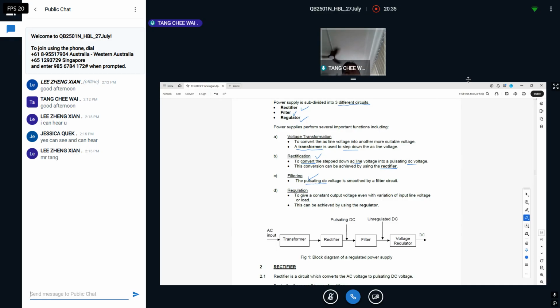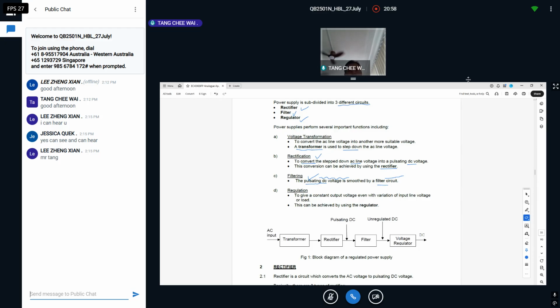It's not really flat, not smoothened. The filter circuit will smooth the pulsating signal. Pulsating means the signal is not flat. After the filter, you expect to see a very nice DC line, a straight line. This is what the filtering does.